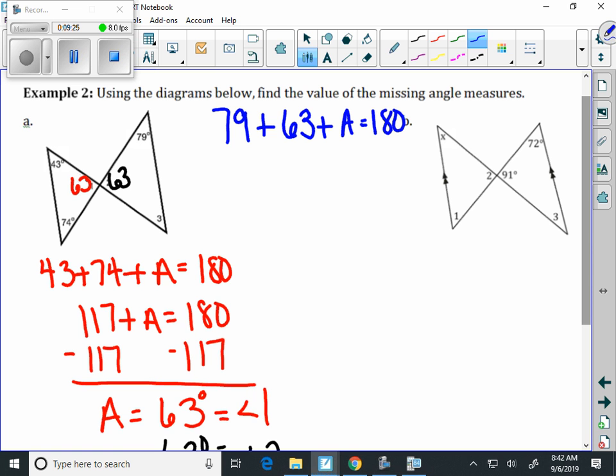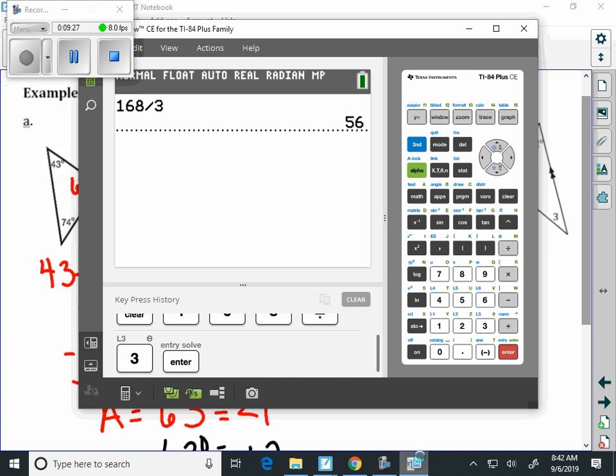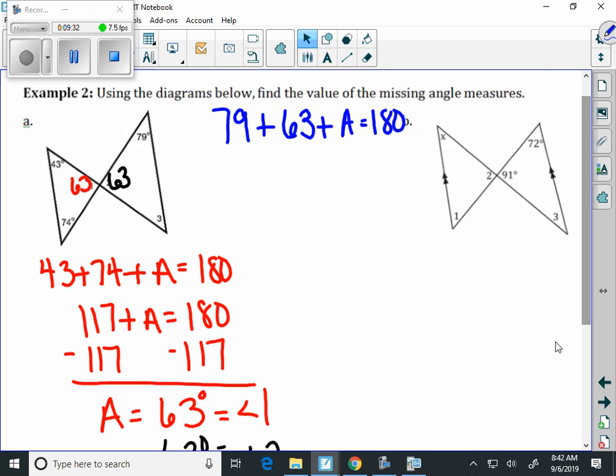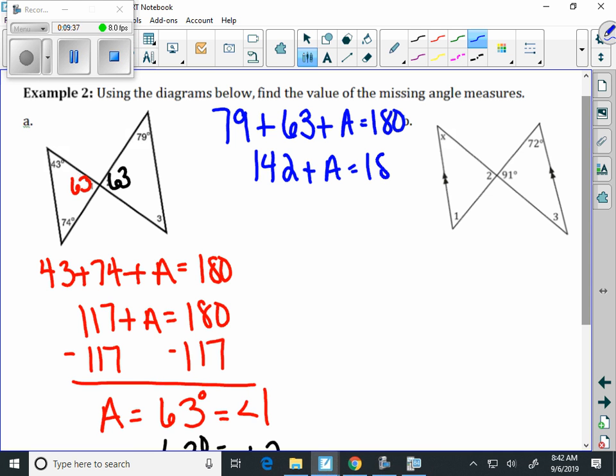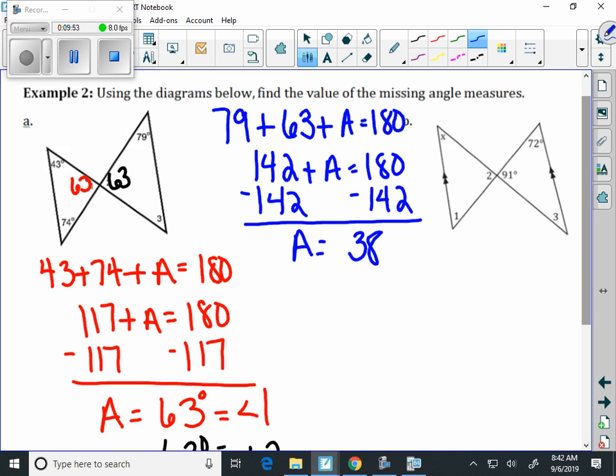And we can combine the 79 plus the 63 is 142 plus our angle equals 180. And we subtract 142 from both sides. And 10 minus 2 is 8. And 7 minus 4 is 3. So this is going to be angle 3.